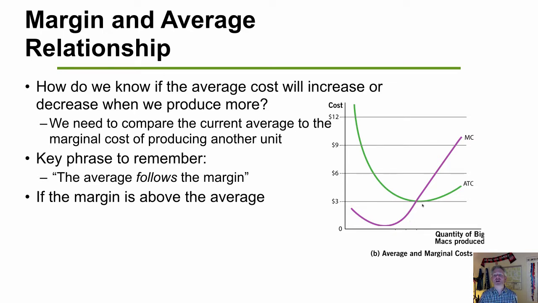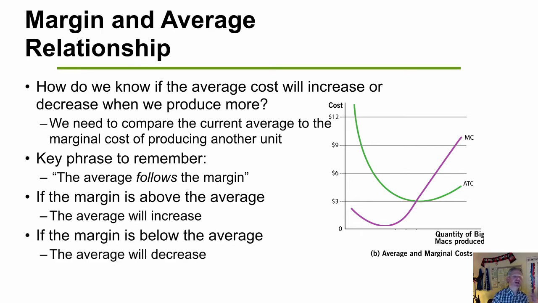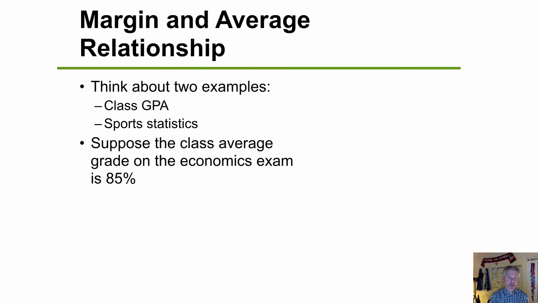But once marginal cost is above average total cost, that's going to raise average total cost as we keep producing more and more Big Macs. So if the margin is above, the average increases. If the margin is below, the average decreases. It's a way to remember what the shape of these things look like.